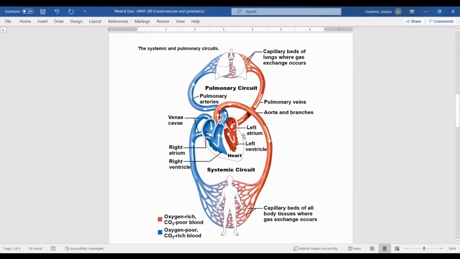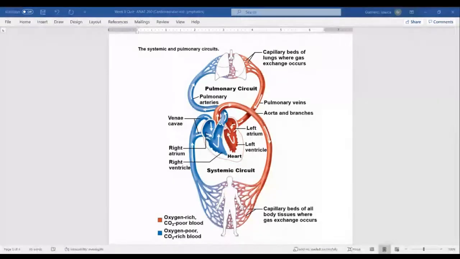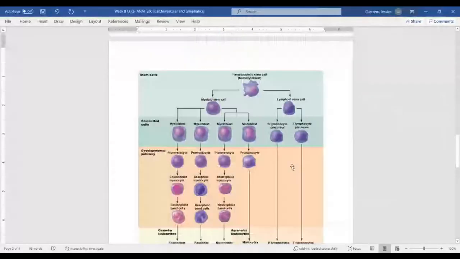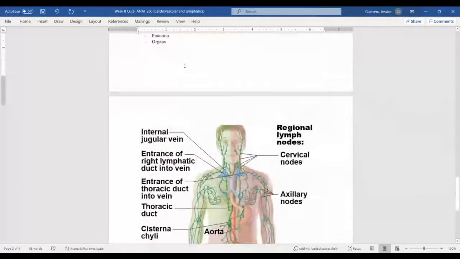So make sure that you're paying attention to the terms, and the terms tell you which way they're going. All right. Let me get back to the view. Close this. Okay. Now to the lymphatic system.